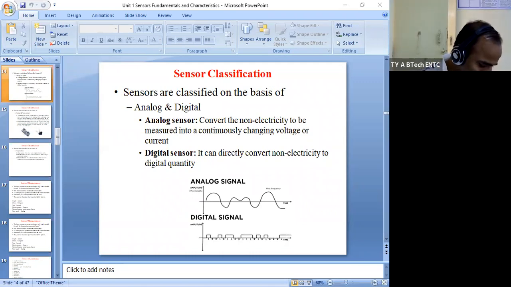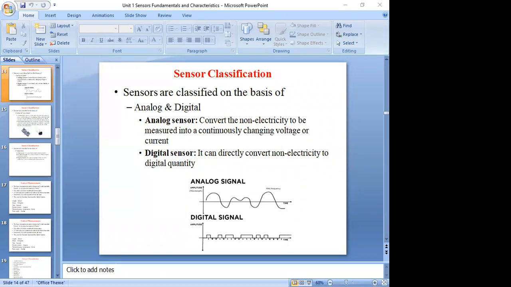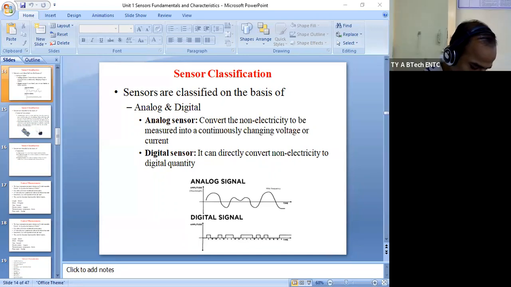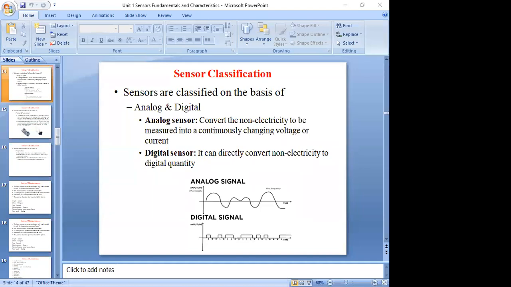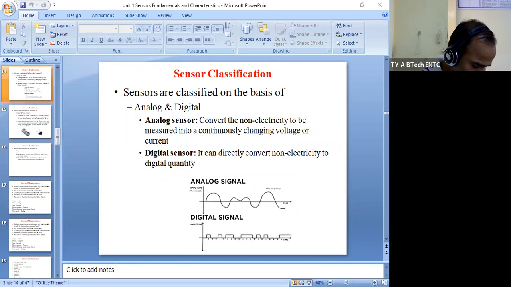Okay. 37. Yes, sir. Krishna. Yes, sir. 38. 38 again absent. 39. Present. 40. 41. 42. 46. Yes, sir.